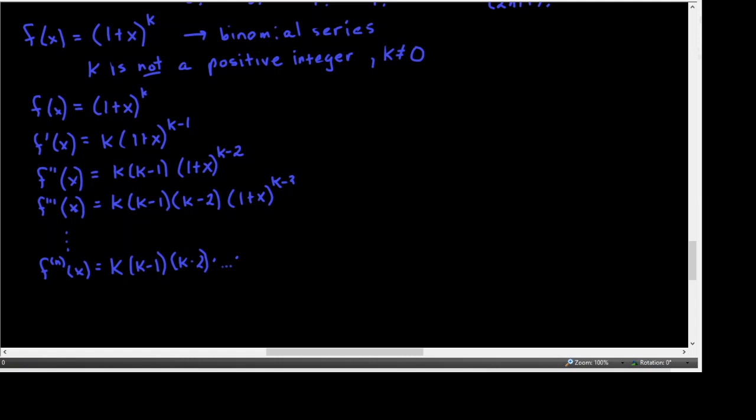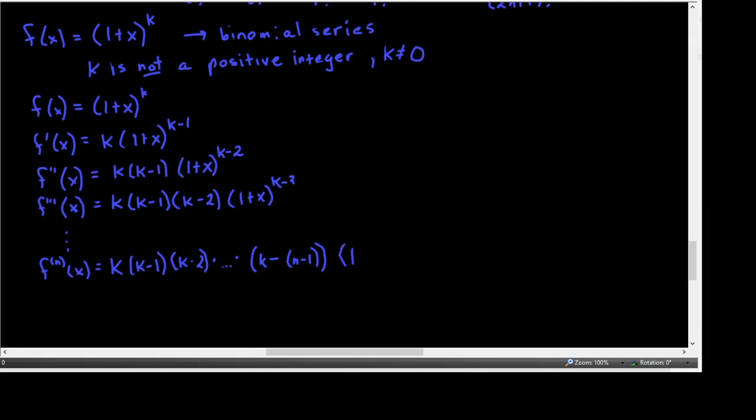So this is going to have to stop at k minus, let's see, what would that need to be? For the third derivative, we wanted to take k minus 2, 1 less than that. So 1 less than n. Does that look right? Yeah, that's right.